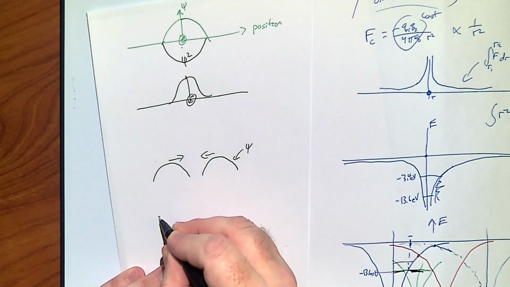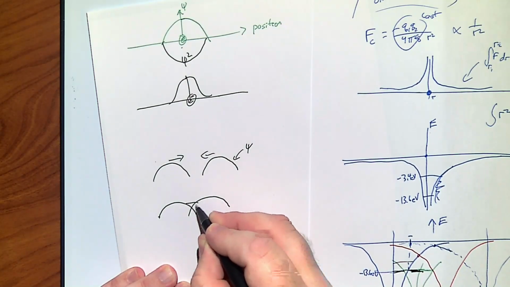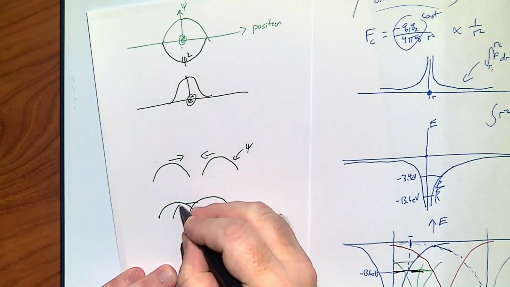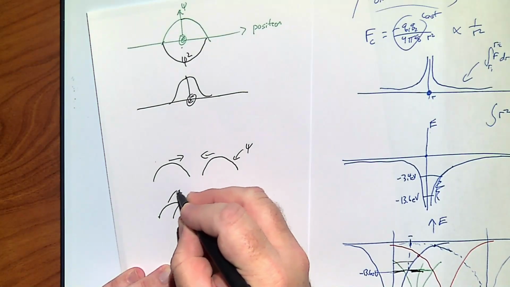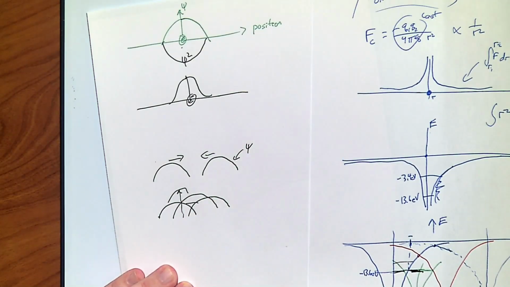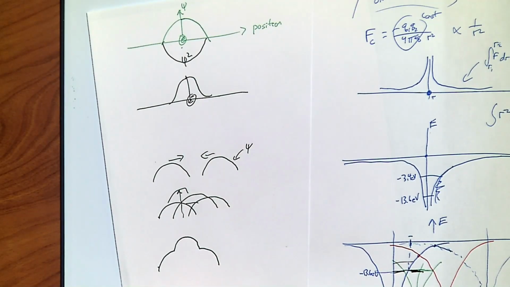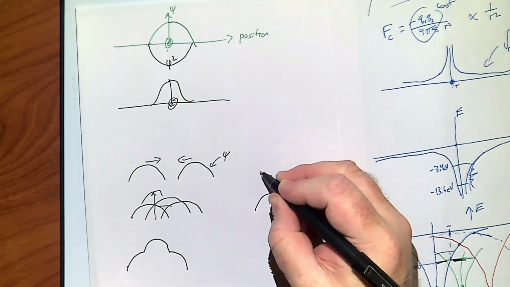So as they start overlapping, they'll add. So you'll get something in between, higher. And as they get closer and closer, it'll overlap more and go up above. When you square it, when they're both in sync, you're going to get something that looks like that. So the probability is higher towards the center, closer to the nucleus.